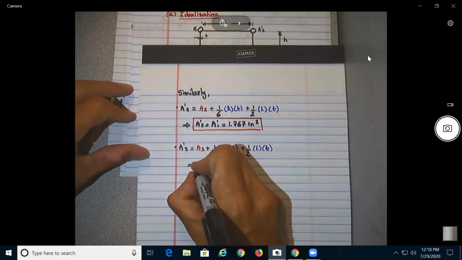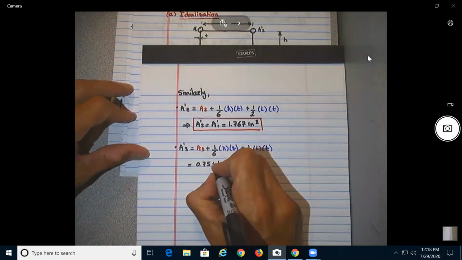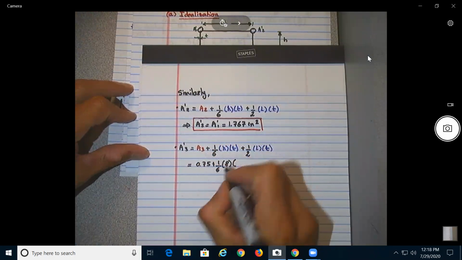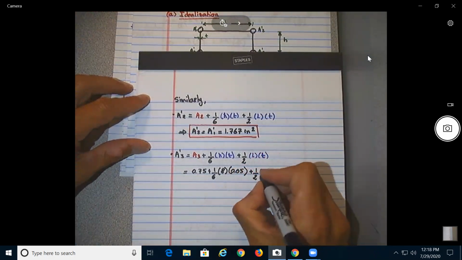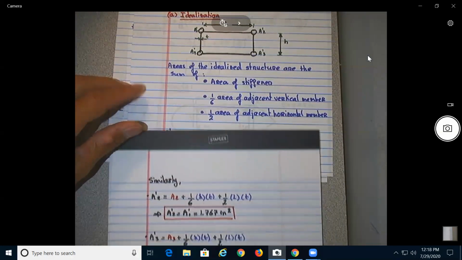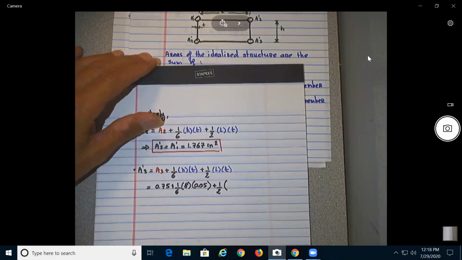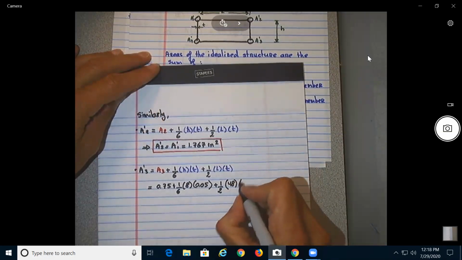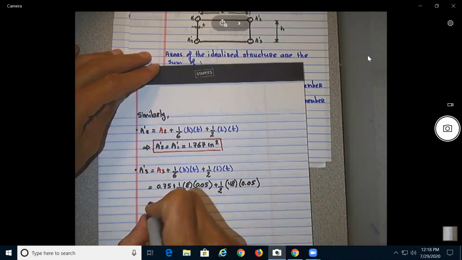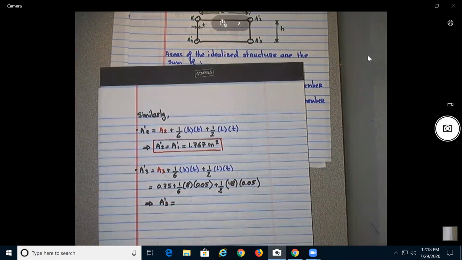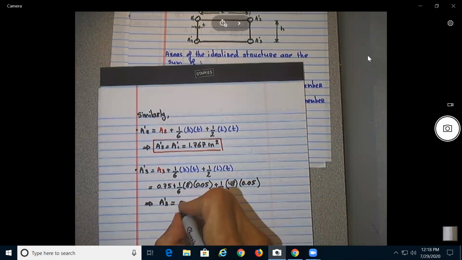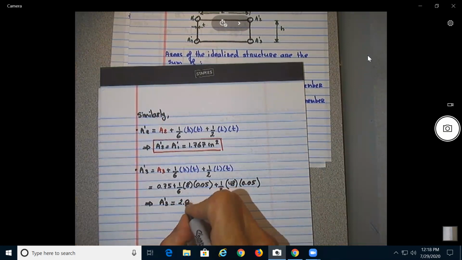So it's 0.75 plus 1/6 times 8 times 0.05 plus 1/2 times 48 times 0.05, and this will give you an idealized area A prime 3 equal to 2.017.